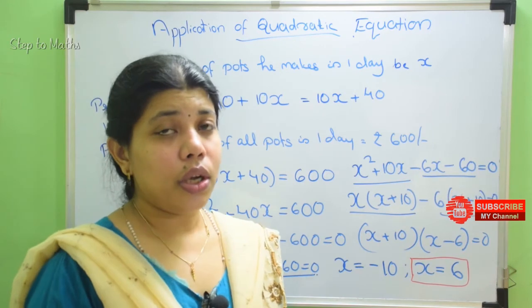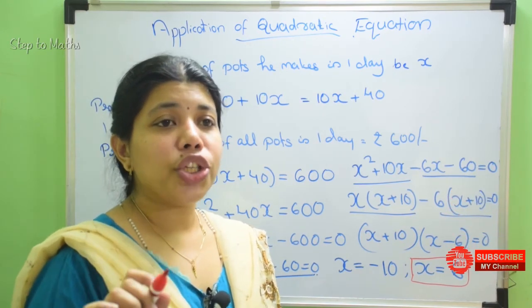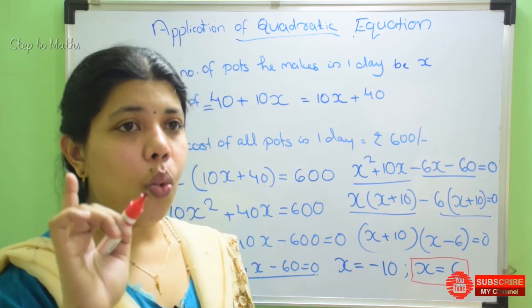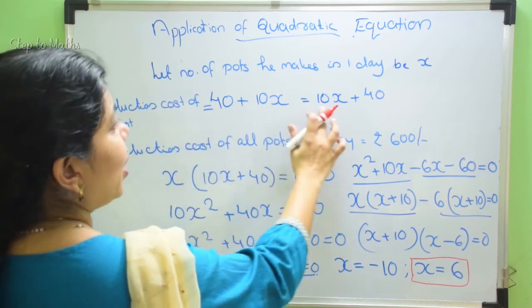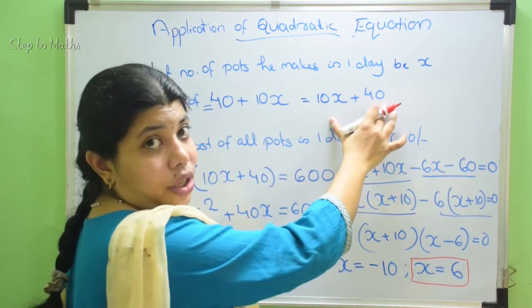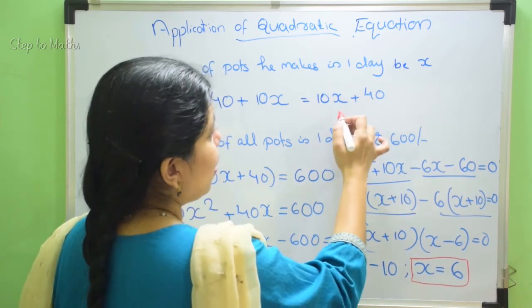And in the question, one part also we have to find out, that is the production cost of one pot. Production cost of one pot is 10x plus 40. Here we get the value of x as 6.